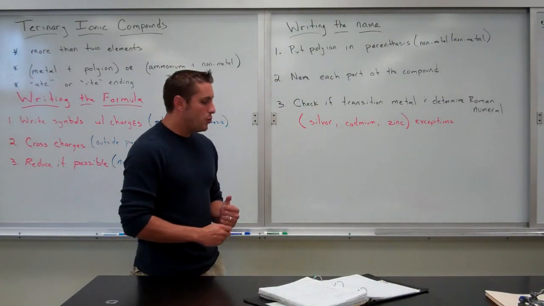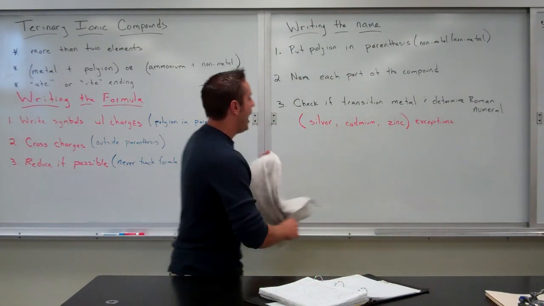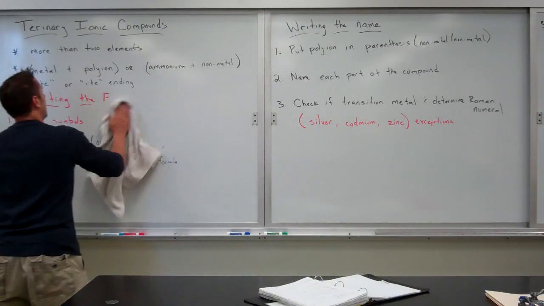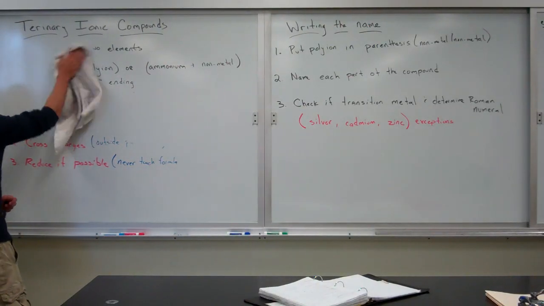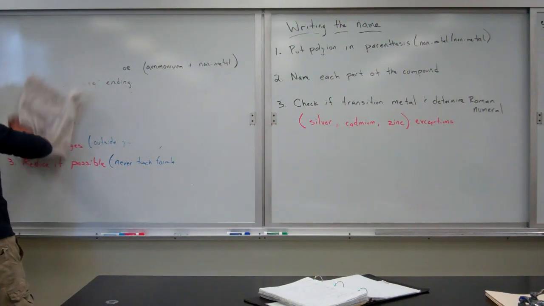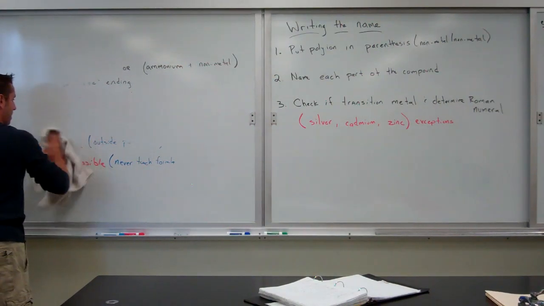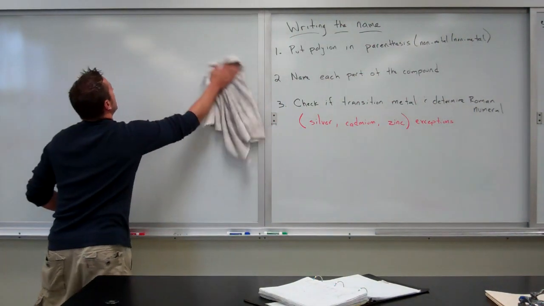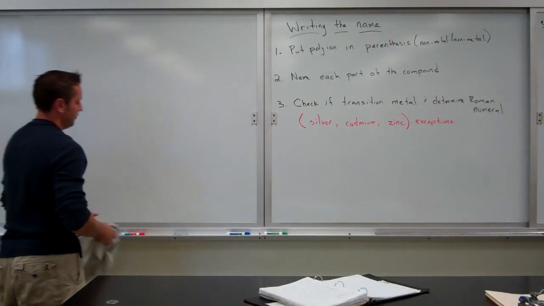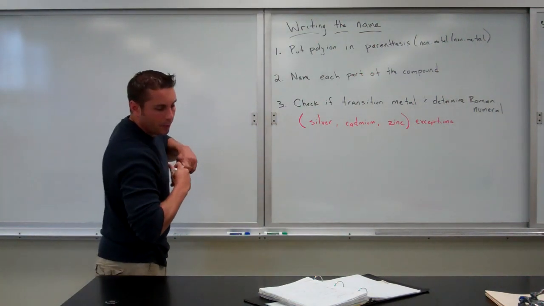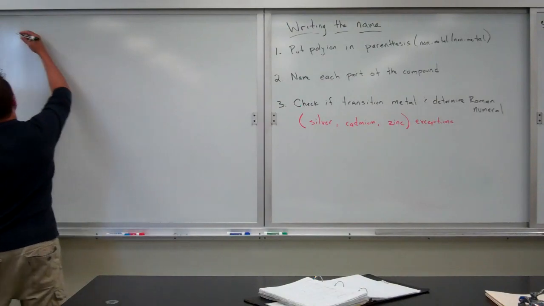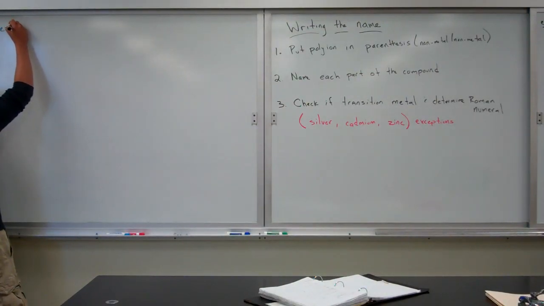Let's take a look at a few examples of how we write the names if we are given the formulas of some different ternary ionic compounds. First example, Ca(BrO3)2.